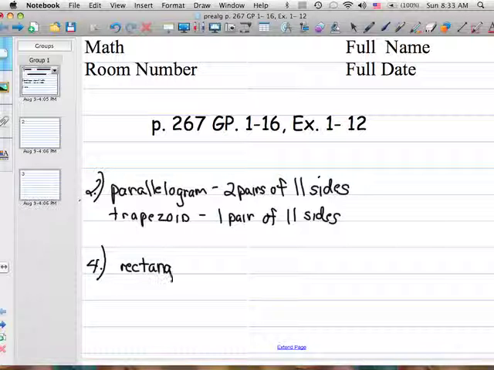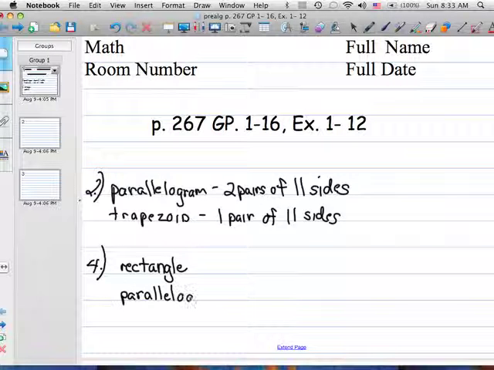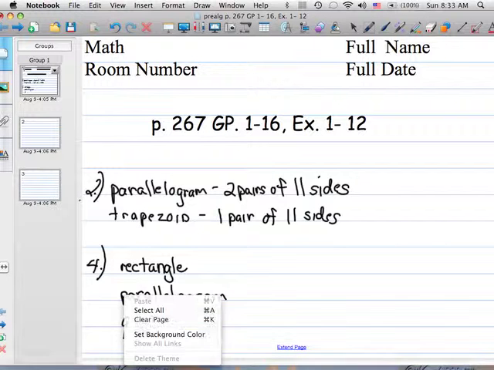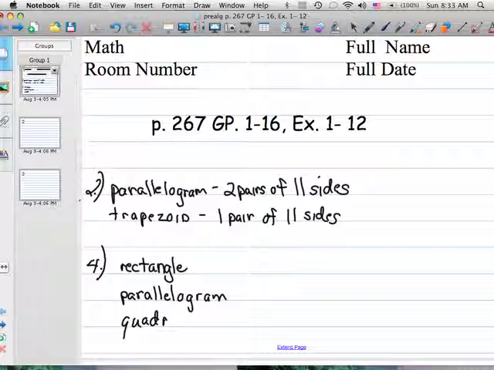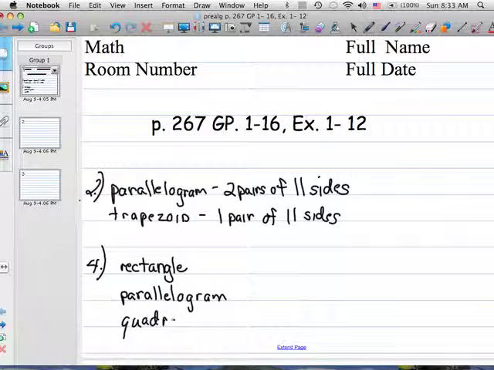But if it's a rectangle, it's also a parallelogram. And it's also a quadrilateral. So the way the chart's set up on page 266, anything below connected to a shape above it, that figure is also that.